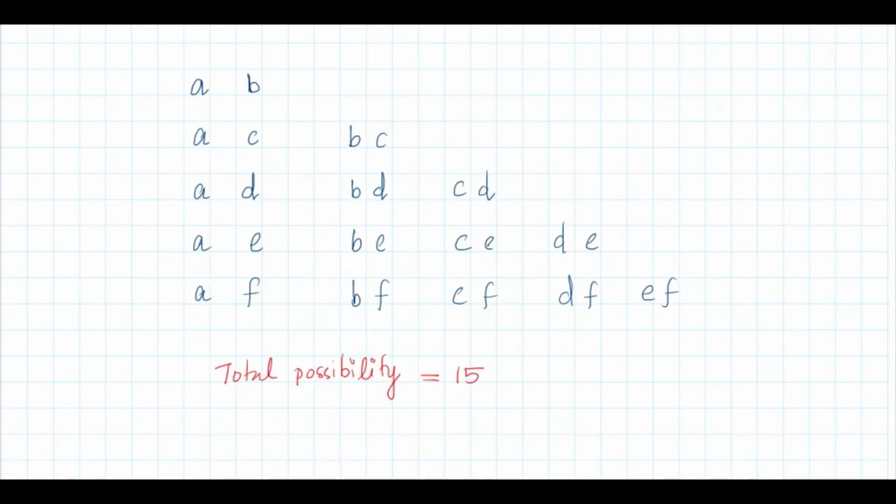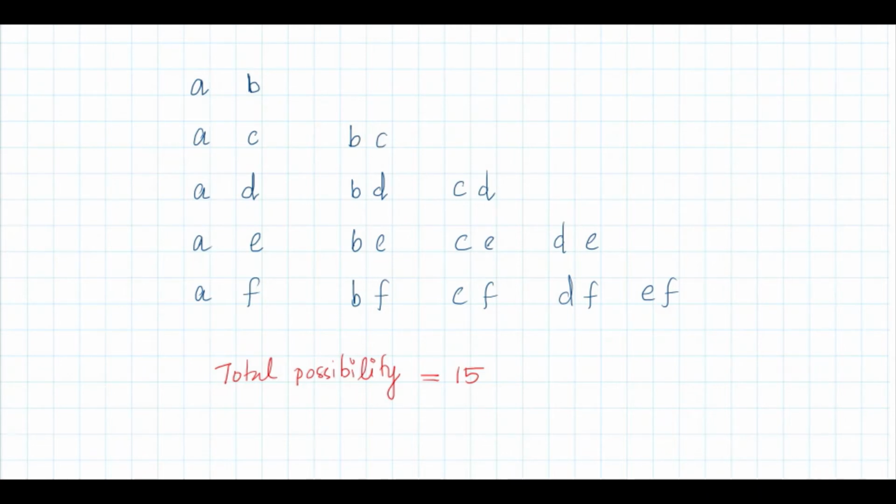So what are the combinations? If the first electron chooses A, the second electron can have B, C, D, E or F. So 5 possibilities. If the first electron chooses B, then the second electron can choose C, D, E, F. I will not write A here because BA and AB are the same.